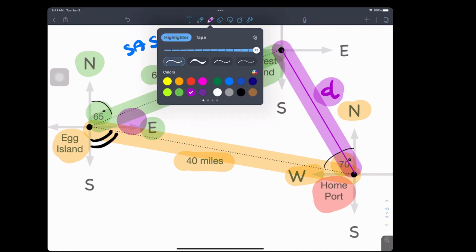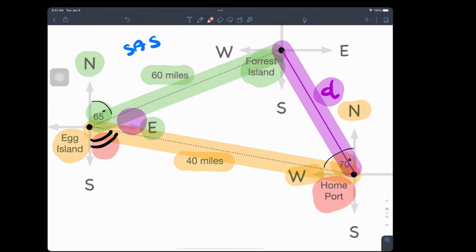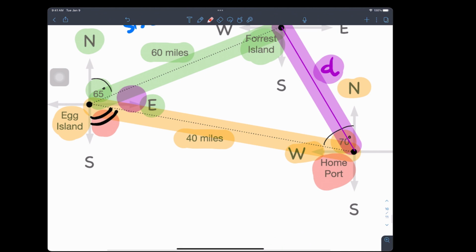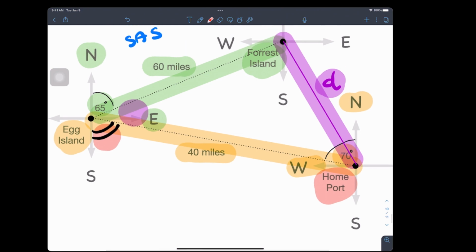And then I'm going to say to you guys, well, you know what that angle is, because it's based on knowing that angle. What angle is that? Does anybody know? How do we get that angle? Anybody know how we get that angle?